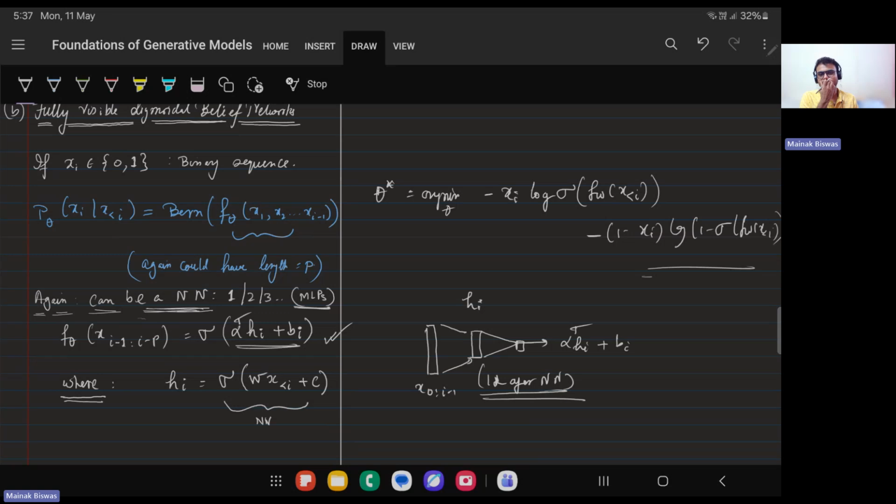This is just going to predict if the current token is going to be 0 or 1, because this is my binary cross entropy loss because of the Bernoulli assumption. I've shown this multiple times before.